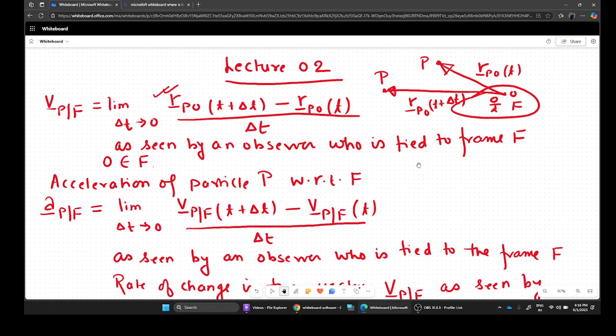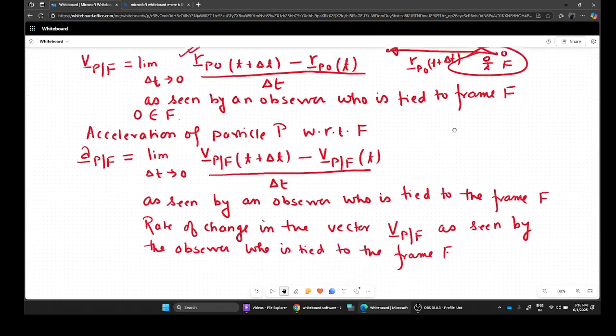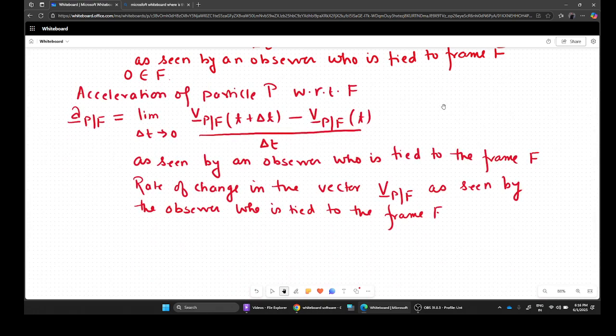This observer. We can also write APF as d dt of VPF with respect to frame F.